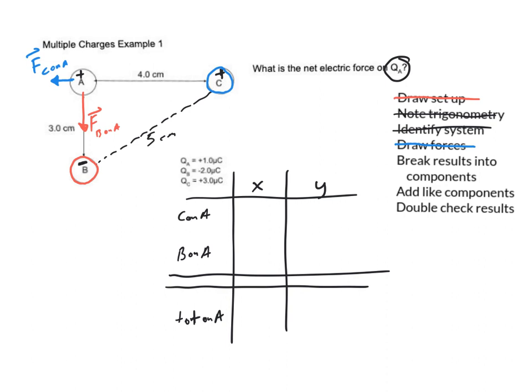C on A is completely to the left and not in Y. B on A is completely down and not in X at all.